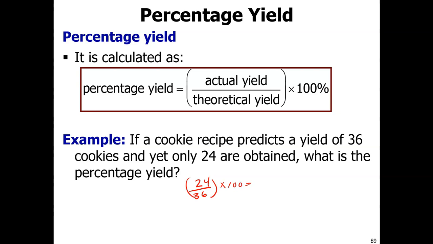So if I go on my calculator, 24 divided by 36, I get about 66.7% yield, probably because someone either ate some of the cookie dough, right? Some of the cookie dough stuck on the spoons and on the other things, or someone ate cookies after they were made. So this would be approximately 66.7% yield.